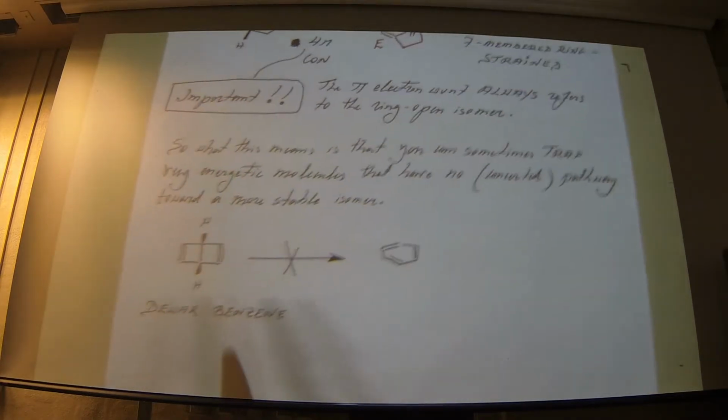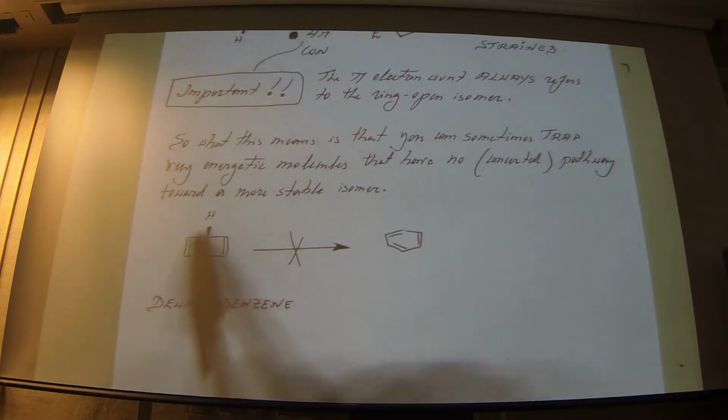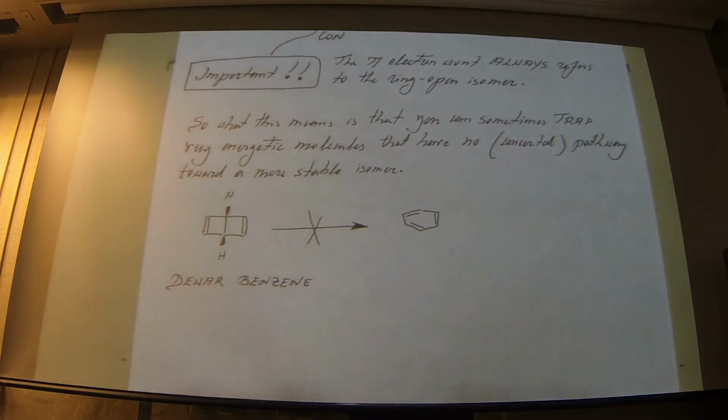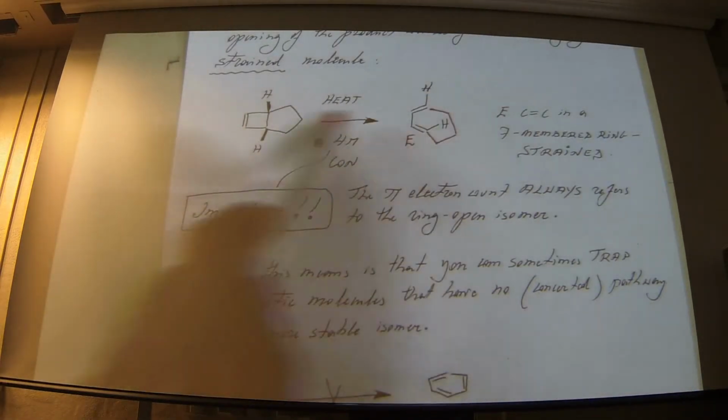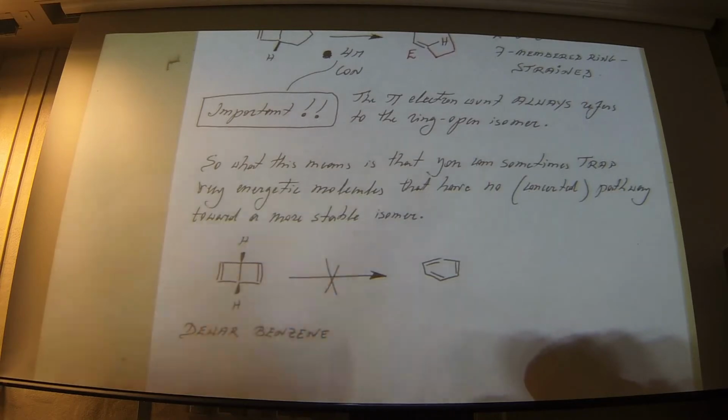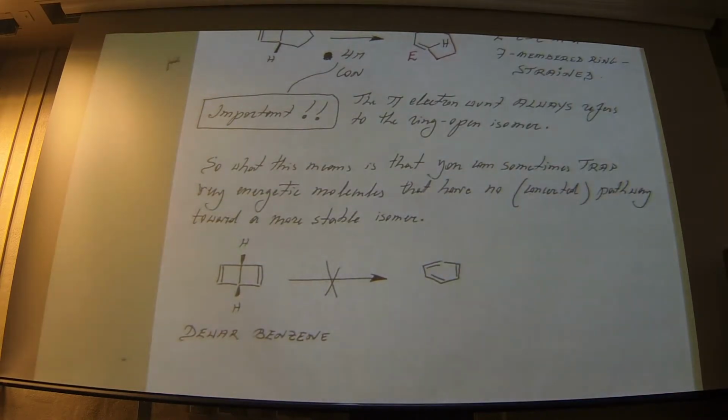But if that doesn't happen, then you can trap things like this. This is Dewar benzene. Remember, this was one of the structures that had been proposed for benzene before people knew the correct structure. Well, it turns out you can make Dewar benzene, but for the reason that we just articulated up here, thermally, this isn't going to do a concerted reaction. So you can actually isolate these things with all their strain.